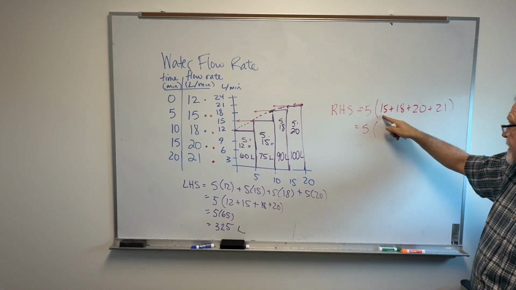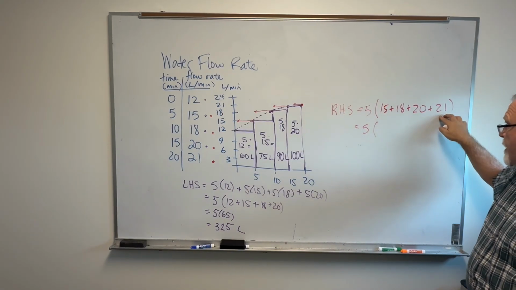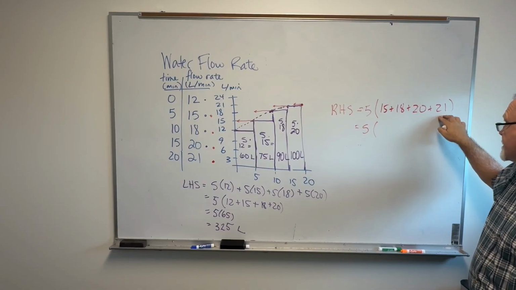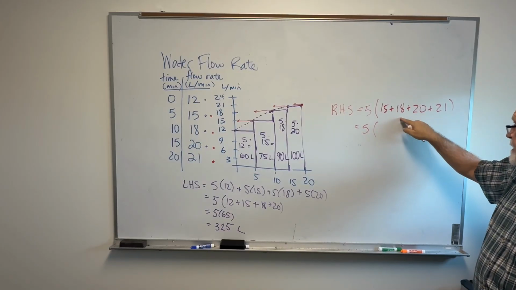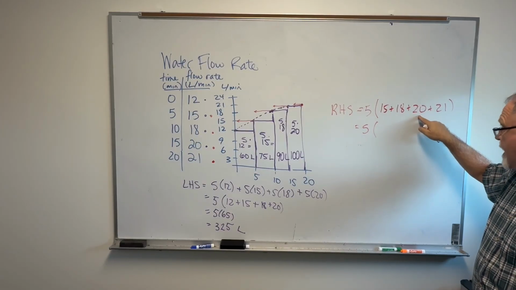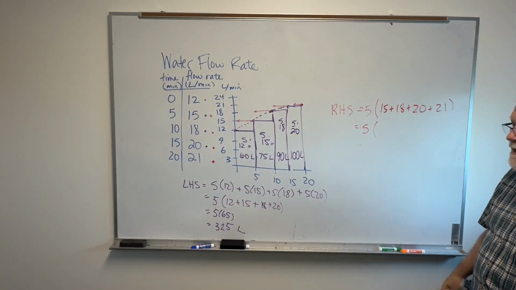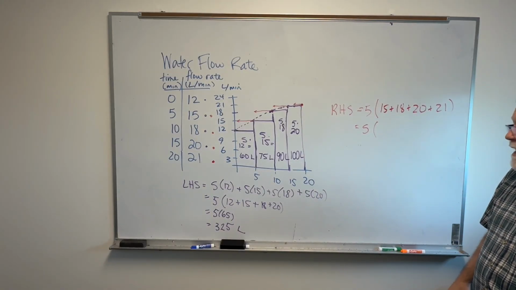If I do the 15 and the 21, that gives me 36. If I do the 18 and the 20, that gives me 38. So I'm doing 36 plus 38.